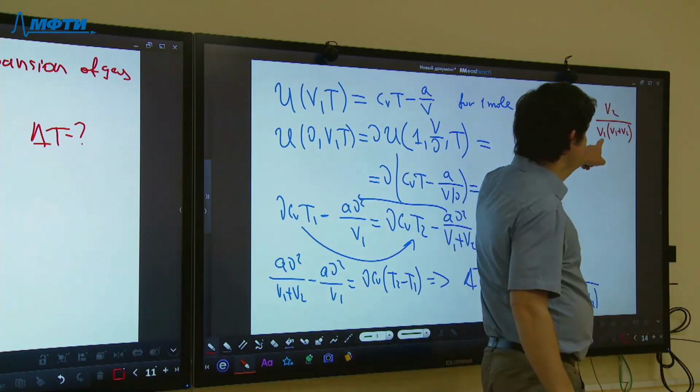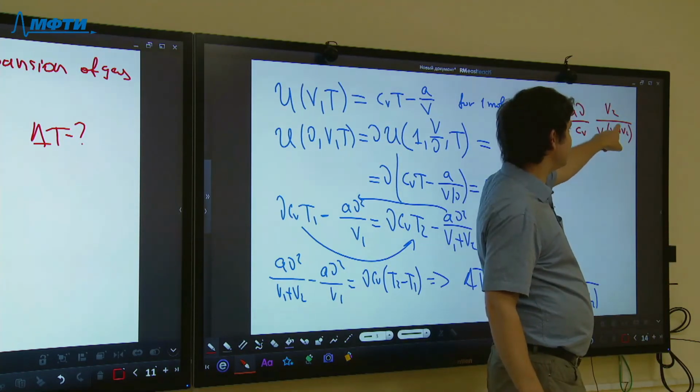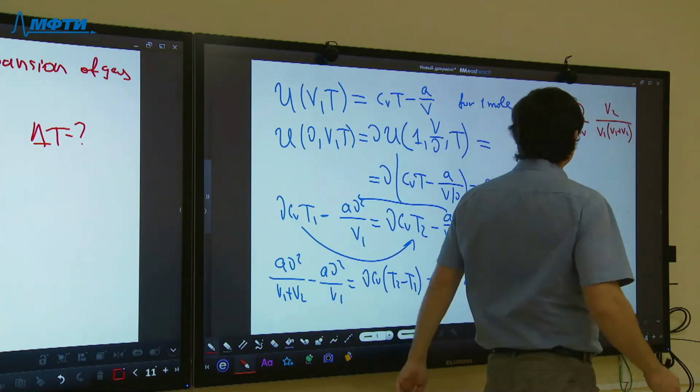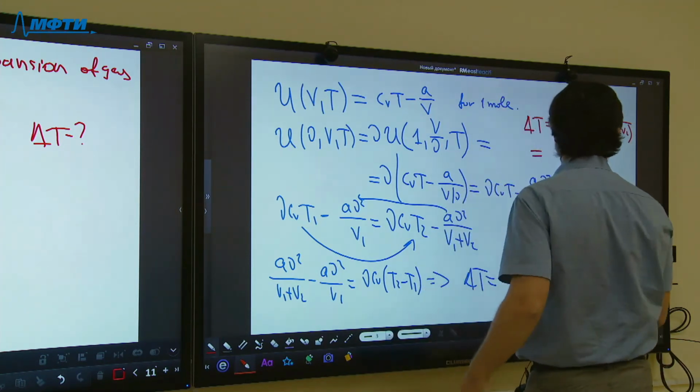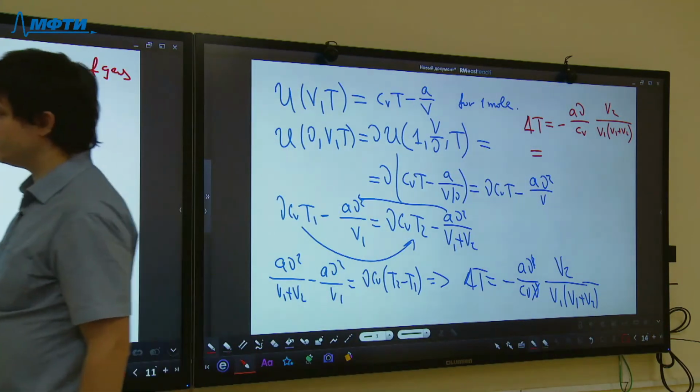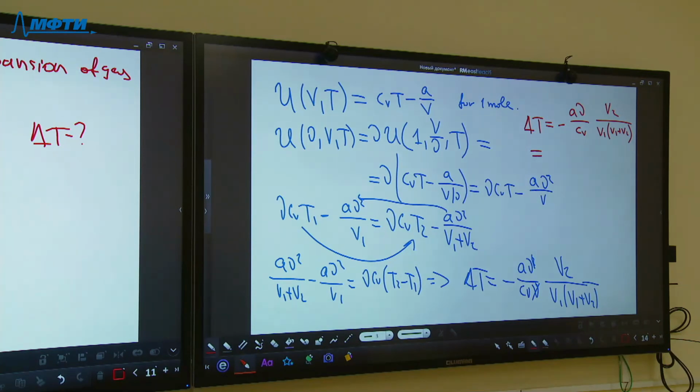So here goes 10, here goes 110, here goes 100. Okay, that can be calculated if we know the van der Waals parameters for the carbon dioxide. Again, these parameters of carbon dioxide can be found at the end of the book.